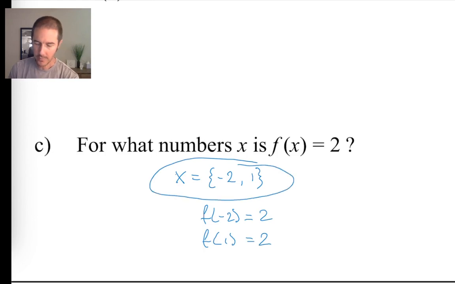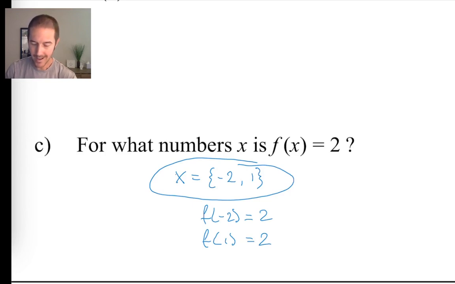The way that you present this answer, -2 and 1, could vary. You could see it in set braces like that. You could just have a text entry box in an online homework assignment and you type in -2, 1, and that's it. In a multiple choice situation, maybe you just see those 2 numbers, maybe you see them in set braces.